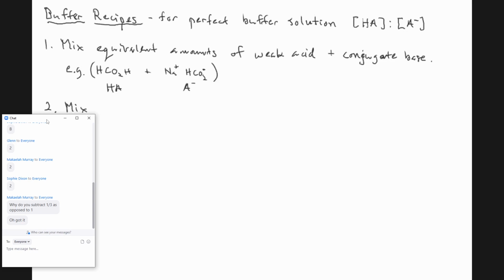The other way to make a perfect buffer recipe, we mix 1 equivalence of weak acid plus a half equivalence of a strong base.